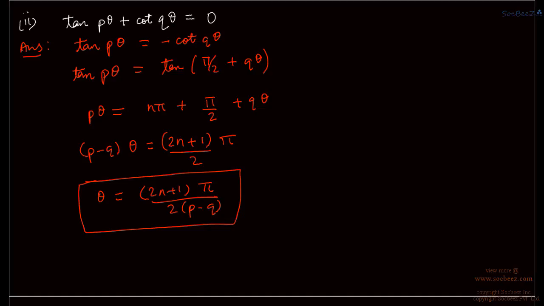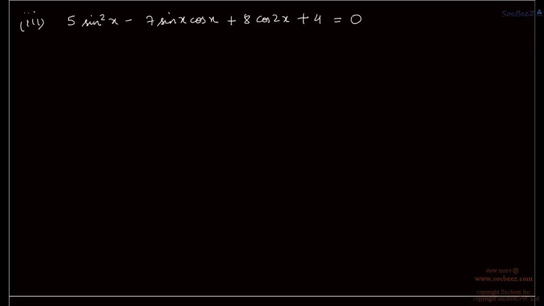So you see that when we take it in terms of tan and cot, when we express cot in terms of tan, this becomes a whole lot easier than taking in terms of cos and sin. So the next one is 5 sin squared x minus 7 tan x cos x plus 8 cos 2x plus 4, right?